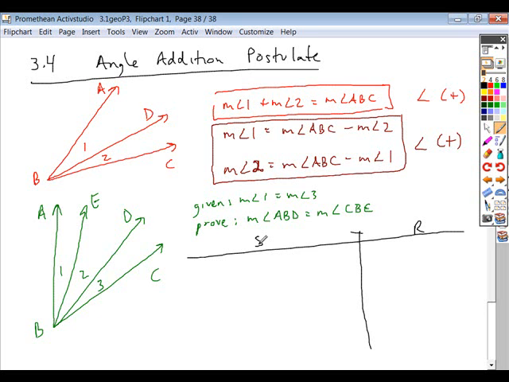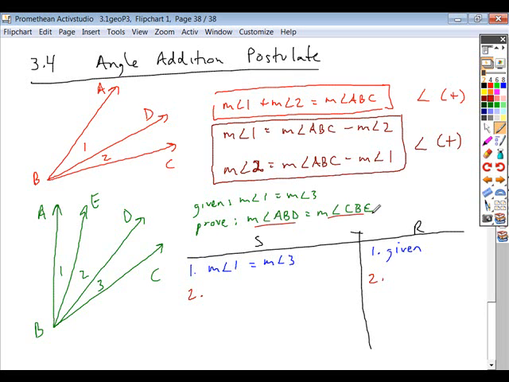Okay, so when you're looking at this, again, my statement and reason charts, I'll just abbreviate with S and R. My first statement will always be the given information. Angles 1 and 3 are equal. Okay, and then I can move on to my next step. Well, I want to introduce my end state elements as early as possible.